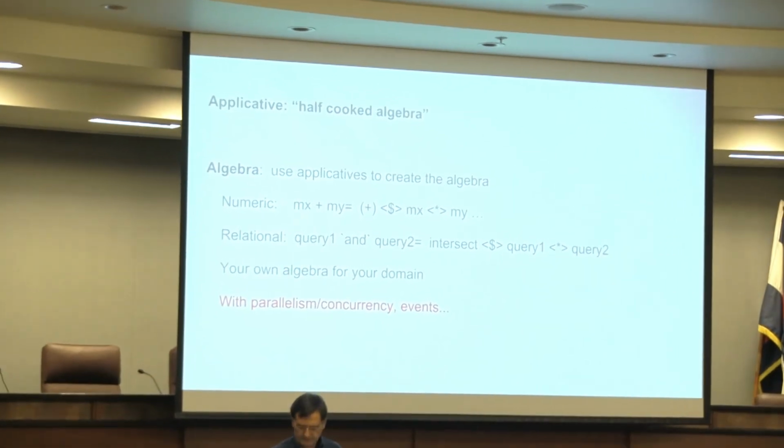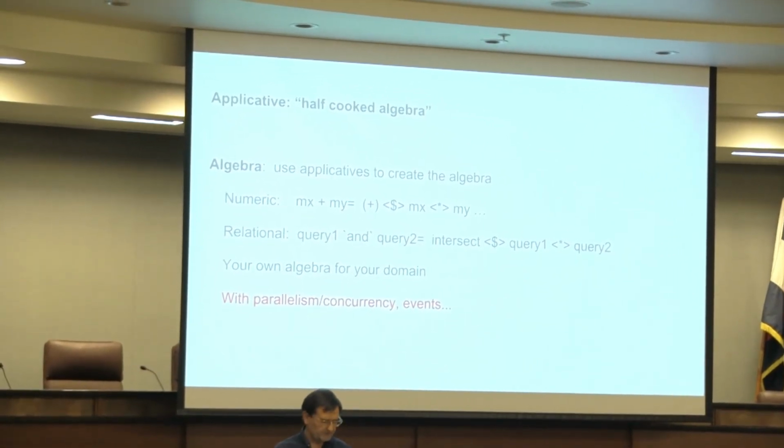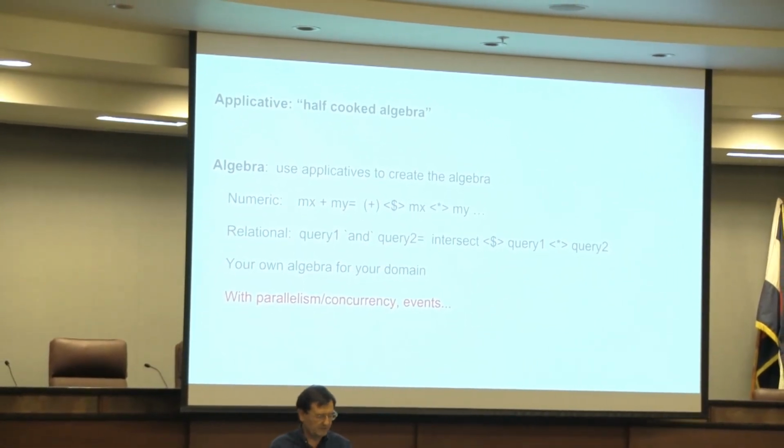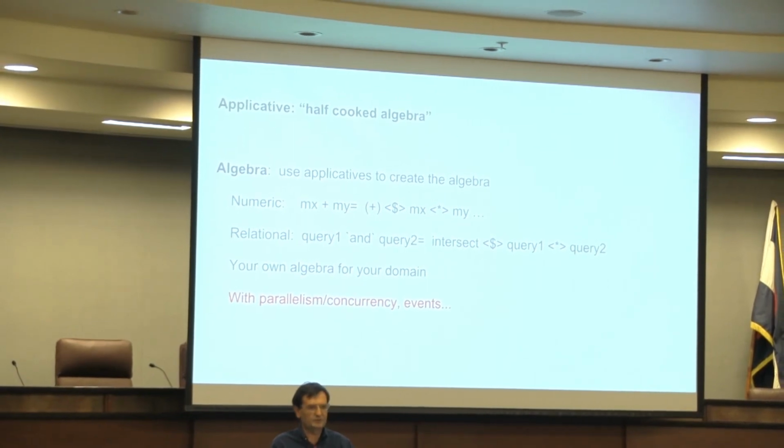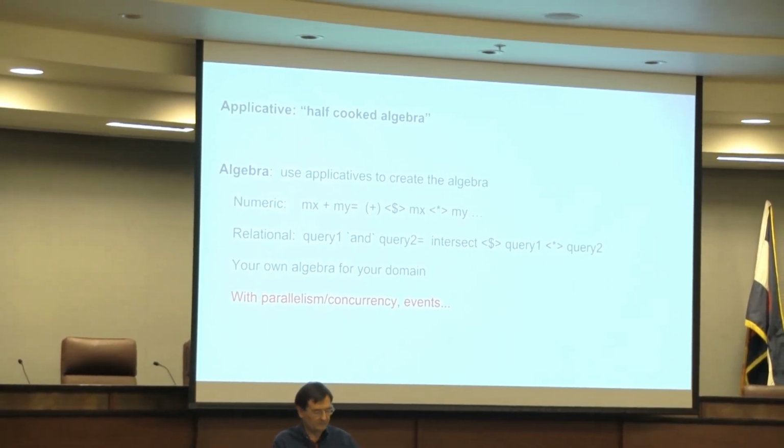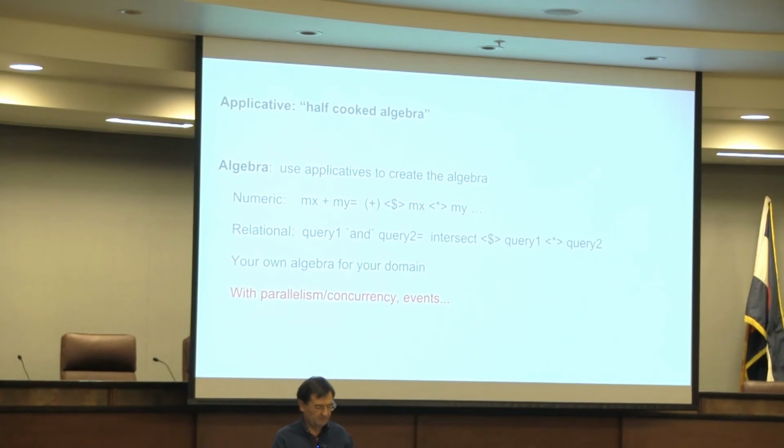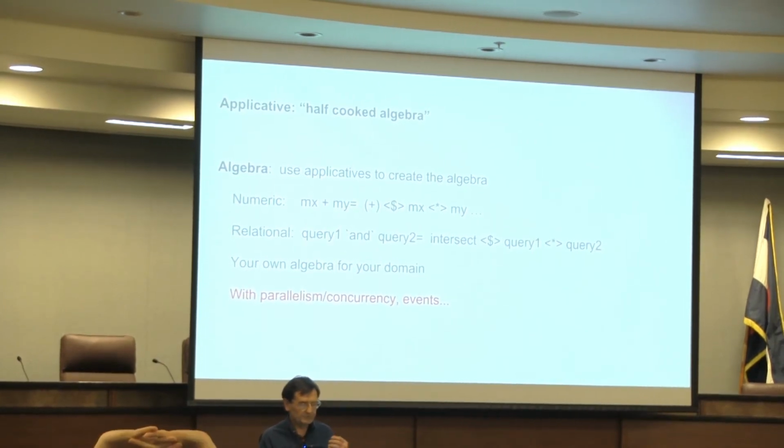Going from applicative to algebra is easy, because an applicative is a half-cooked algebra, since it is a symmetric binary operation which, unlike the monad, has operands that do not depend on each other.